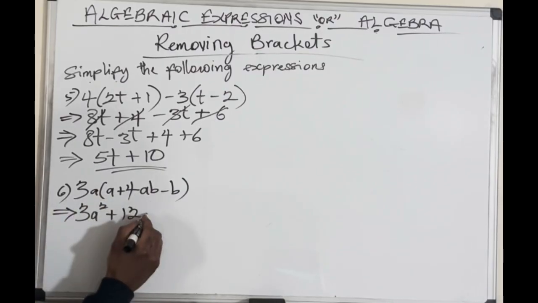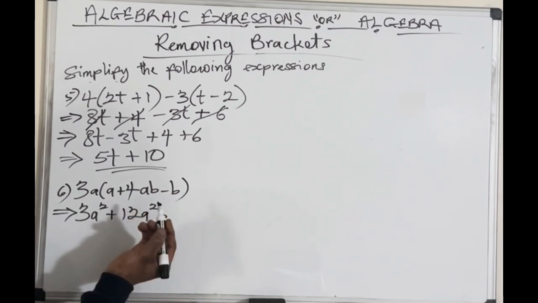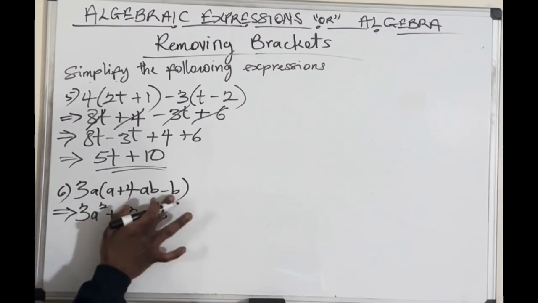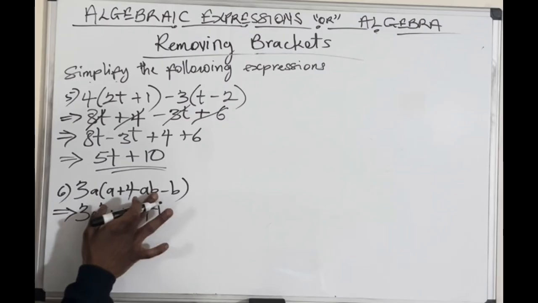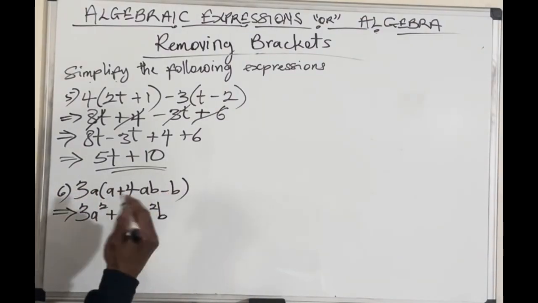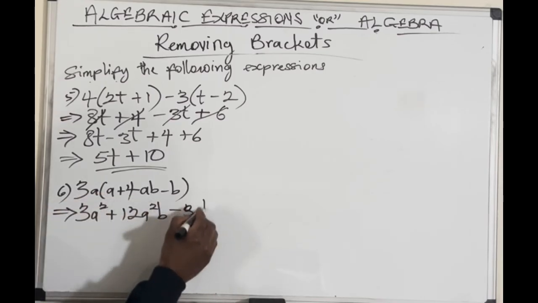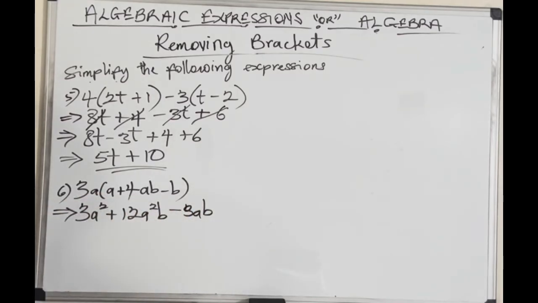A times a is a squared, and there is b, just add it. 3a times b times negative b. Positive negative is what? Negative. So negative 3ab.